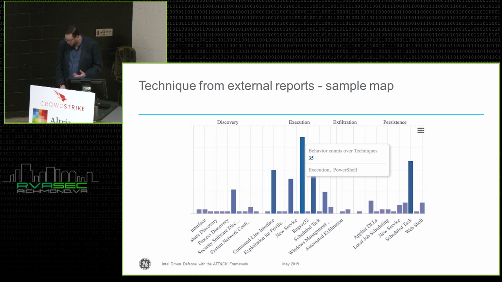So here, this chart is showing that PowerShell is the most observed technique, and tracking this type of information while combining it with the previous data that I showed on the previous two charts, it helps to identify which techniques pose the greatest threat, which techniques you're getting hit with the most, and you can also track which techniques are being covered by your signatures.